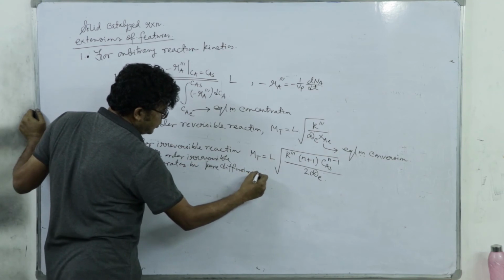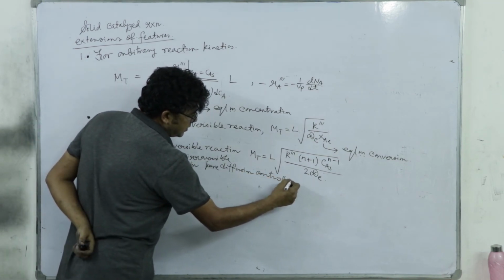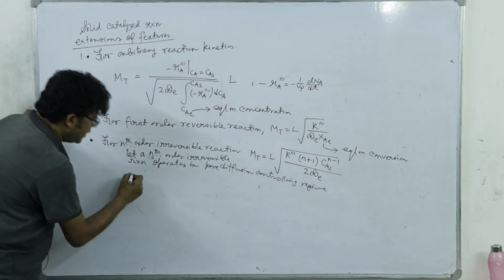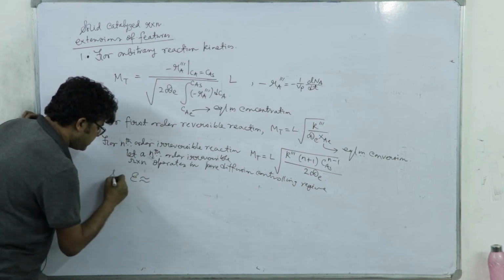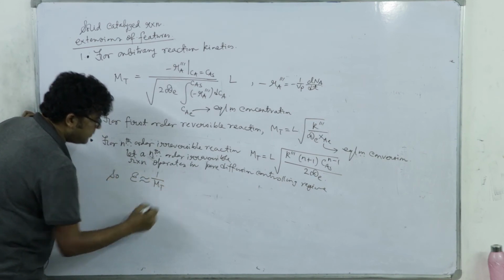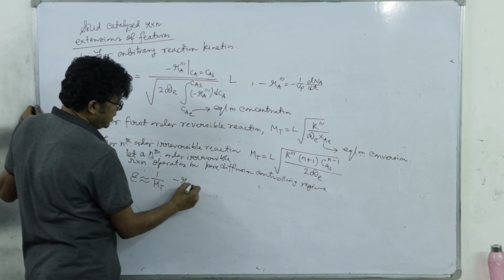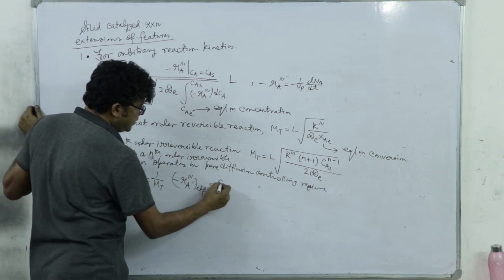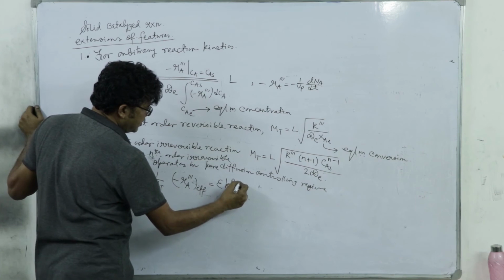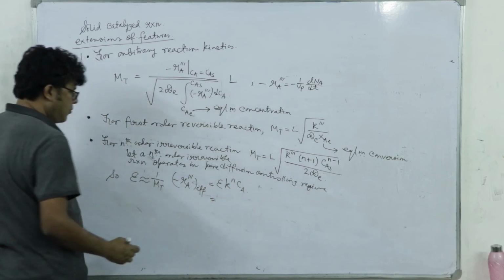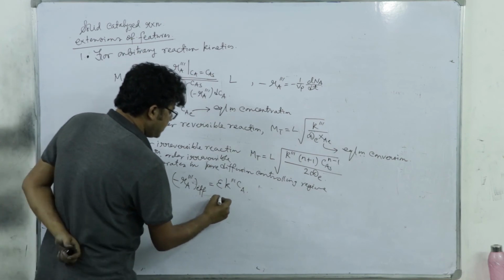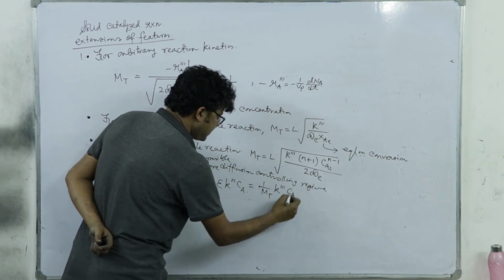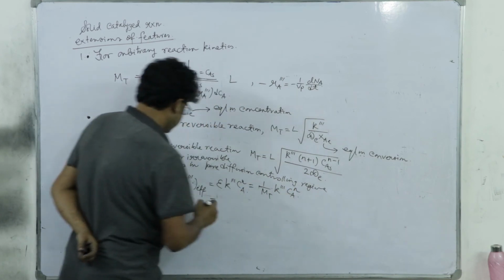Epsilon equals 1 by Mt, and the effective minus Ra triple prime equals epsilon into k triple prime into Ca to the power n, because it is nth order reaction.